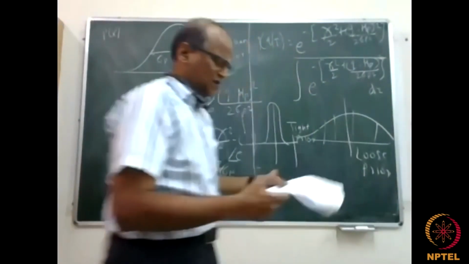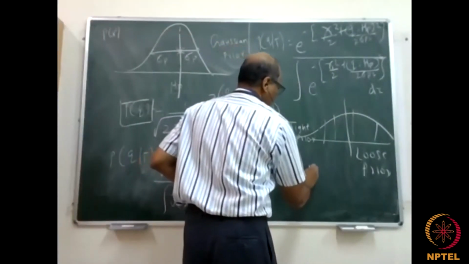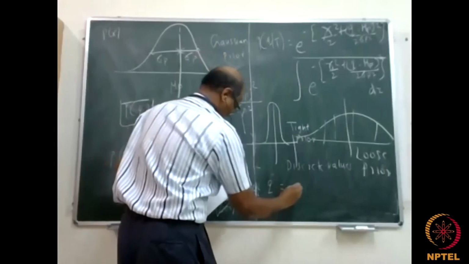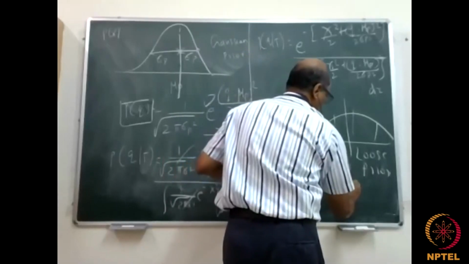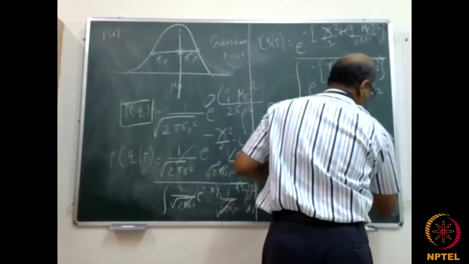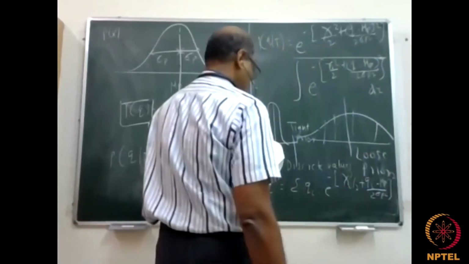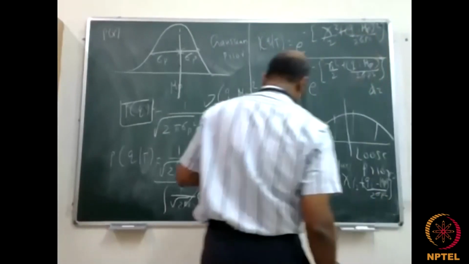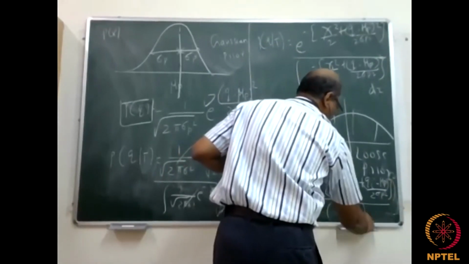I wanted to do this because maybe yesterday you were a little fast. So for discrete values, Q will be the sum over Qi of e to the power of minus chi-square by 2 plus (Qi minus mu P) squared by 2 sigma P squared, divided by the sum of this without the Qi.